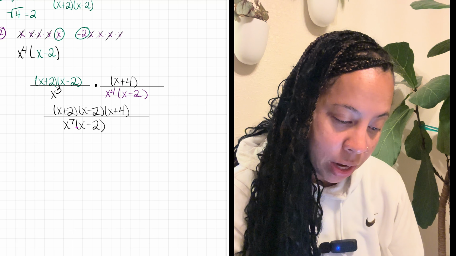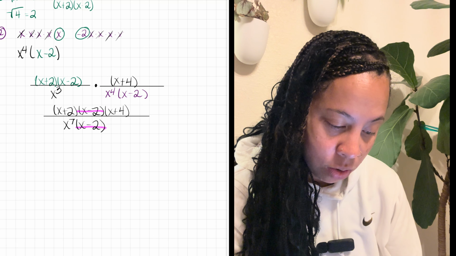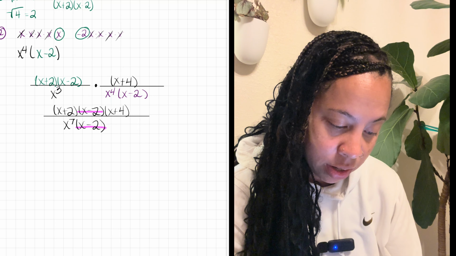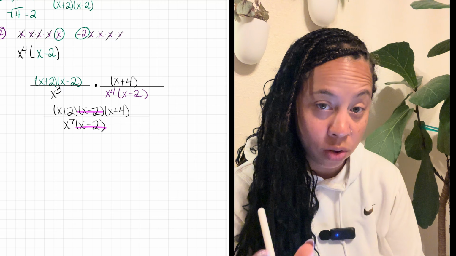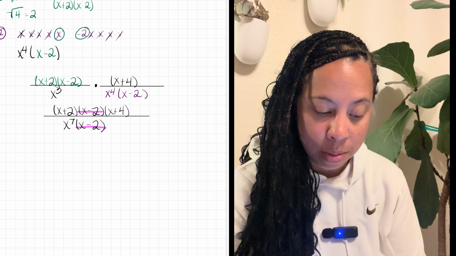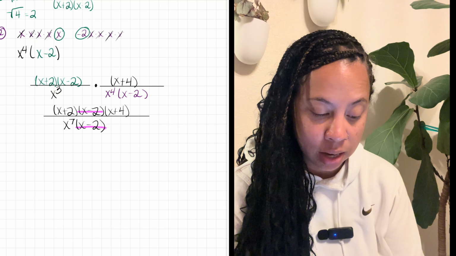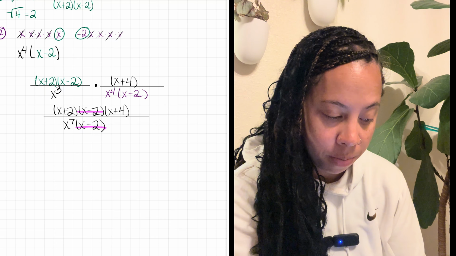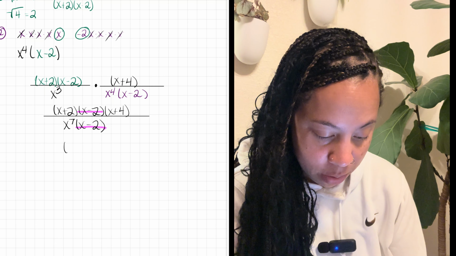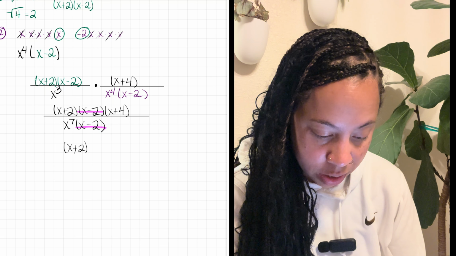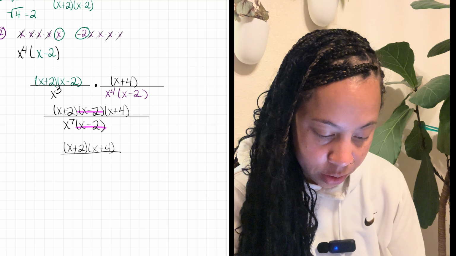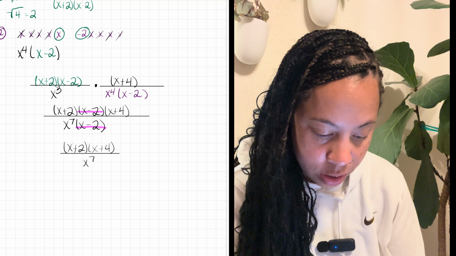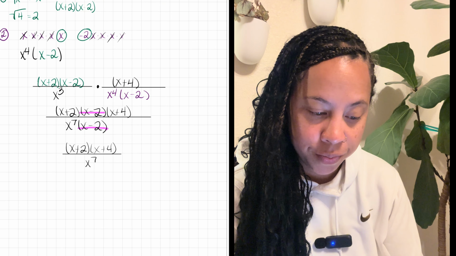Okay, and we're just going to look for what cancels. So I have x minus 2 on bottom, x minus 2 on top. When we're canceling, we want to make sure we're canceling the whole parentheses. So I'm not going to take away any x's inside the parentheses with my x to the 7th. So that just leaves me with x plus 2, x plus 4 over x to the 7th.